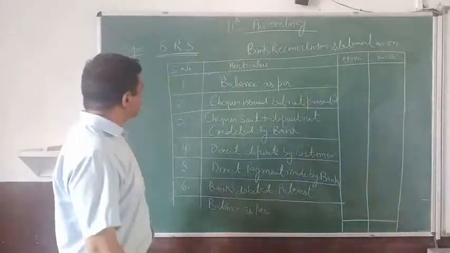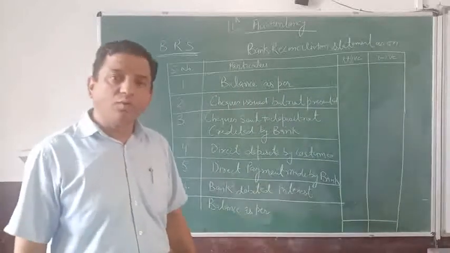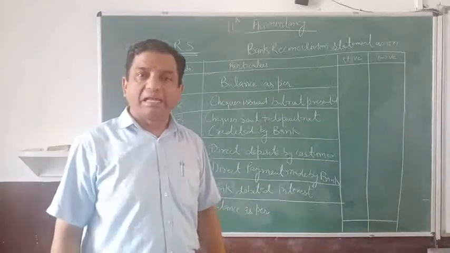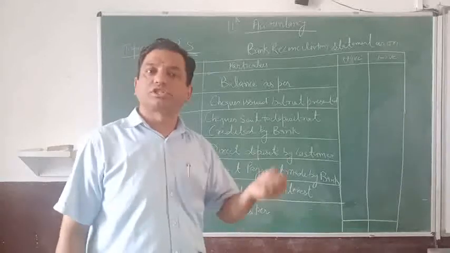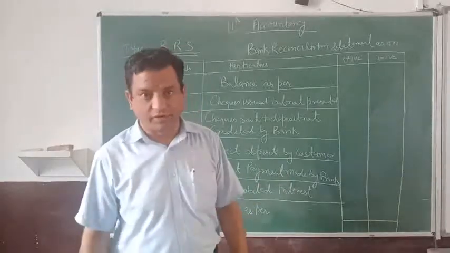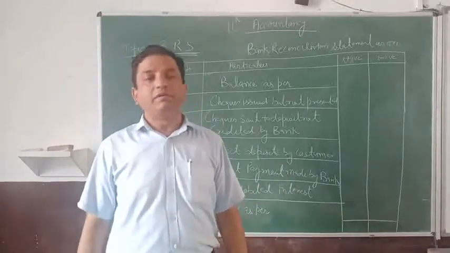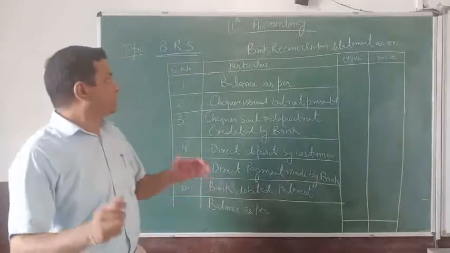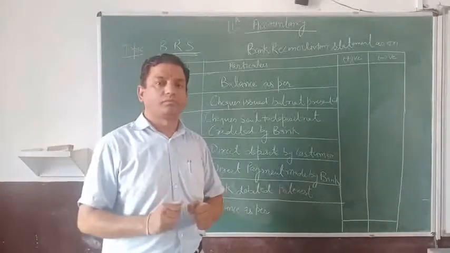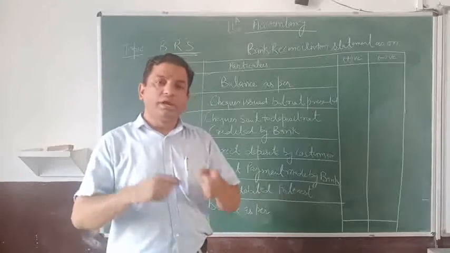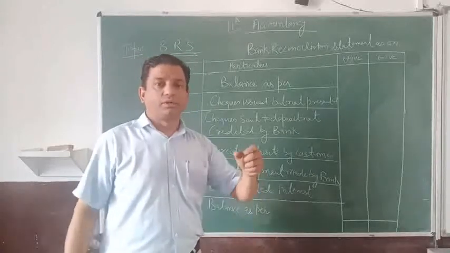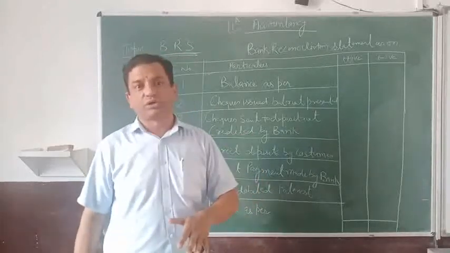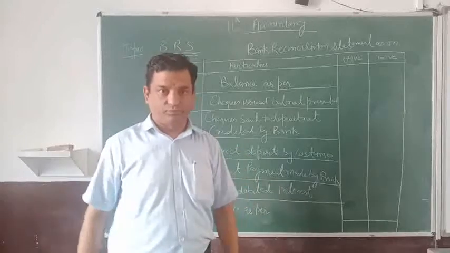And we have also discussed how we can put the balance of a book either in the positive side or in the negative side. So in our today's video, we will try to learn how to reconcile the balance of passbook and cash book which is not tallying.